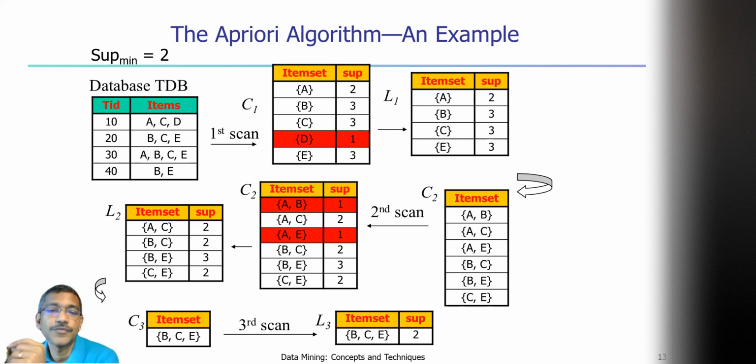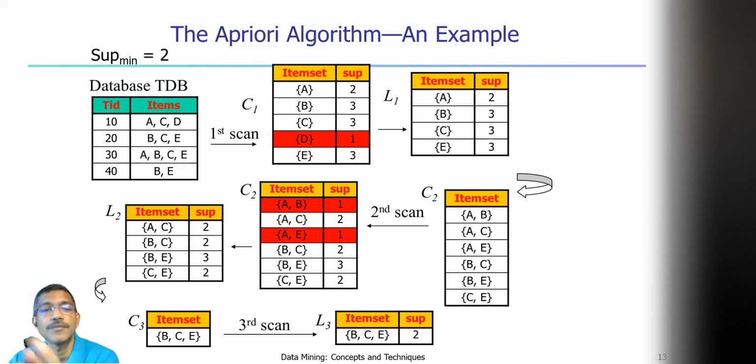There are also a few other pruning techniques that we use. For example, when we combine AC and BC together, we get ABC. When you do that, we check to see if any of those sub-combinations are low frequency.